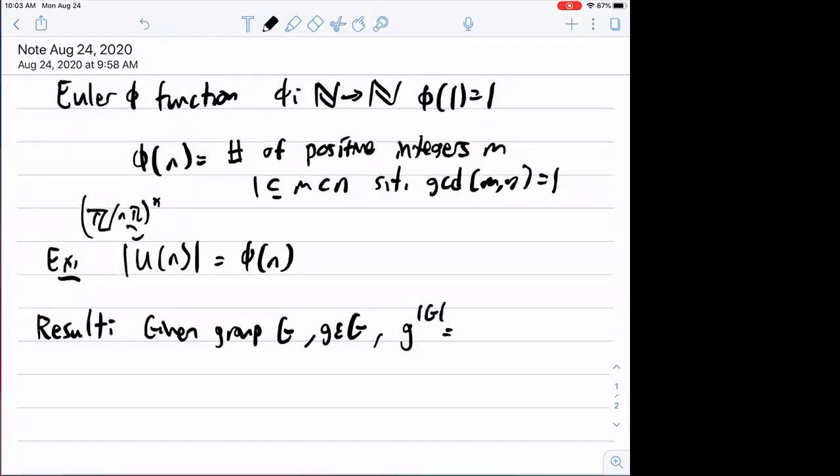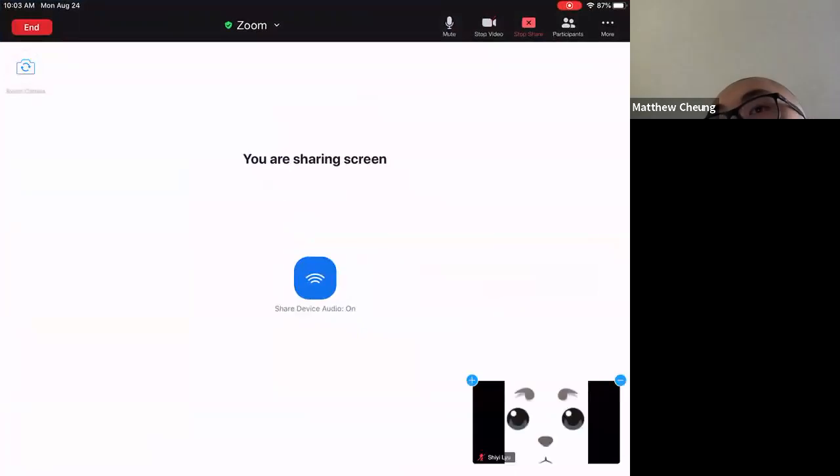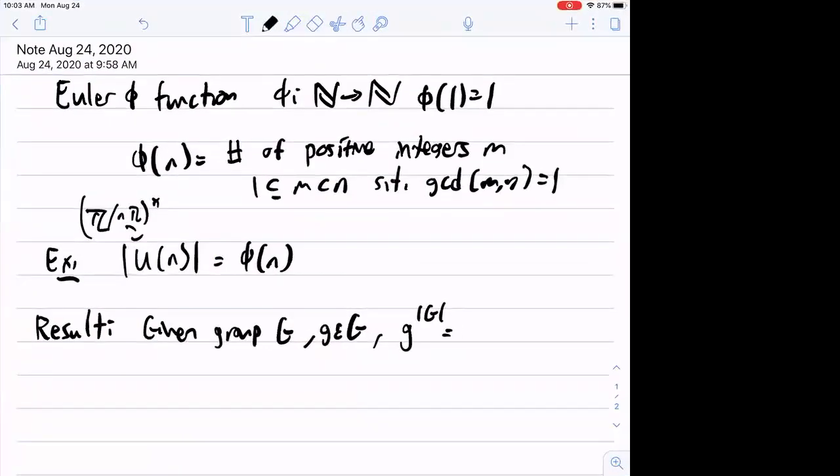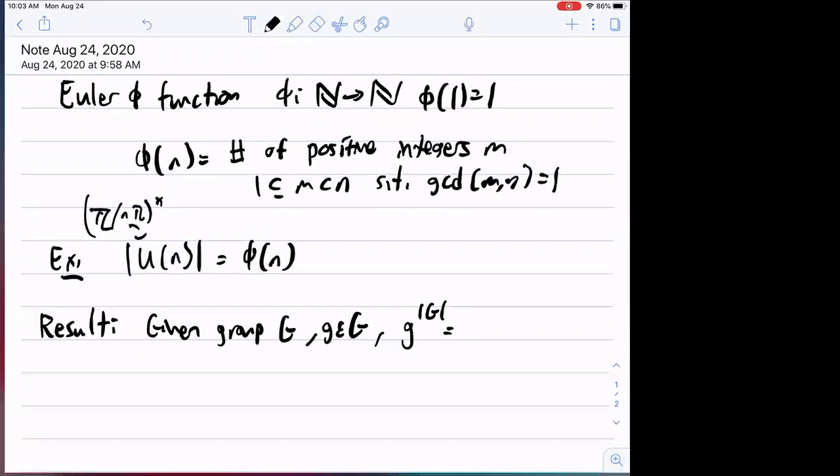What does Lagrange's theorem tell you? What's the order of g? What does Lagrange's theorem say?